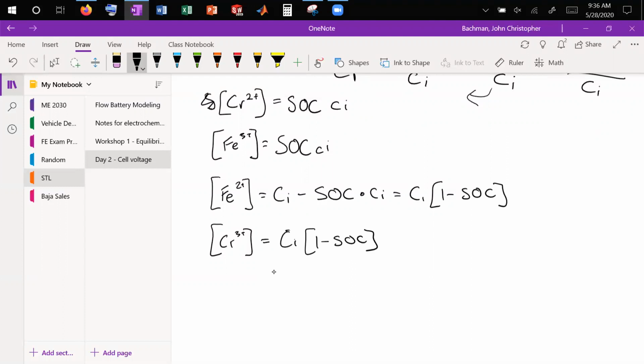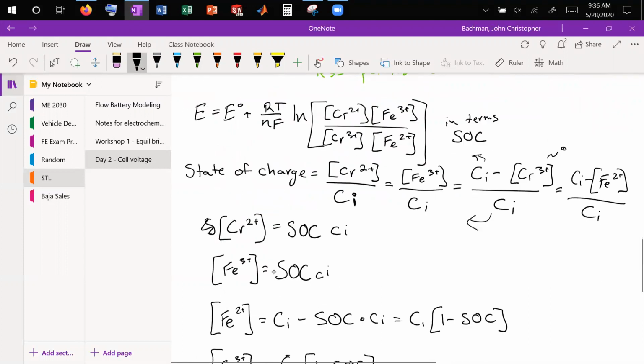And so what I'm going to do is plug these into my E naught equation. So I have E is equal to the standard redox potential plus RT over NF, natural log. And what I'm going to have is two state of charges on the top, right? The iron 2 plus and the iron 3 plus.